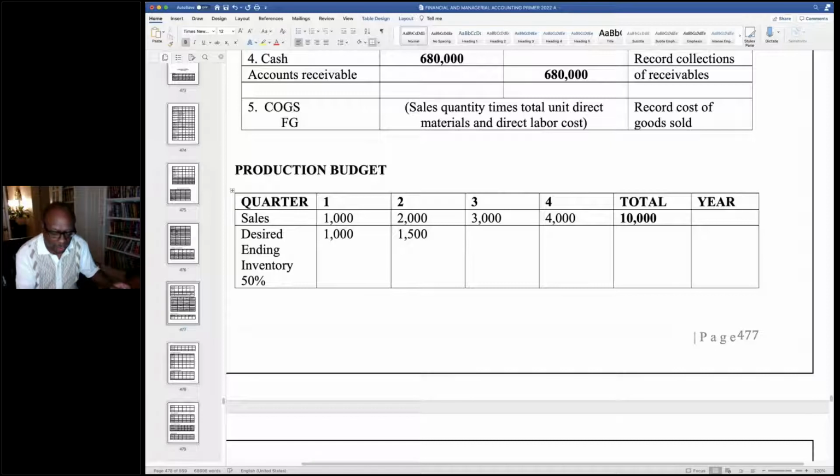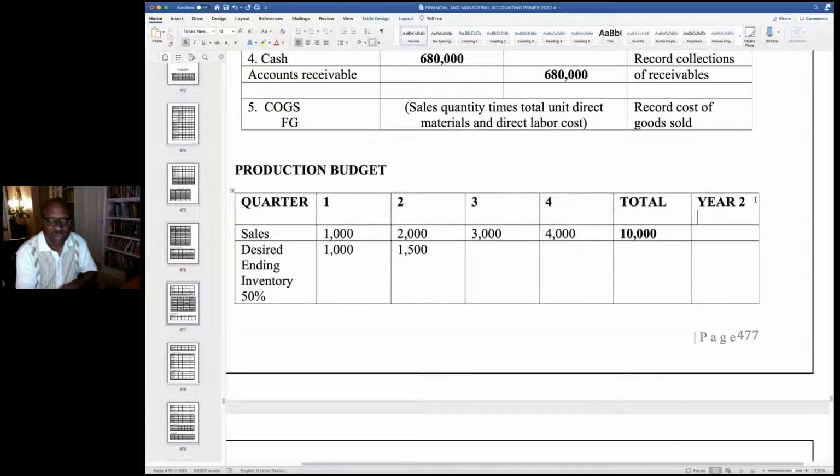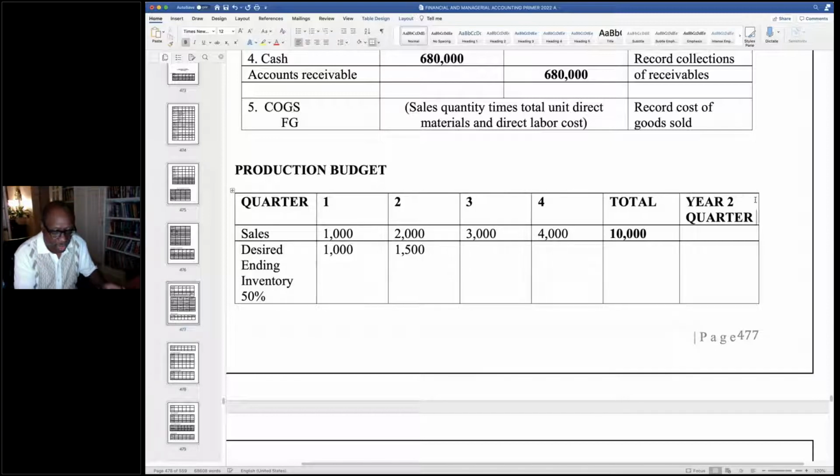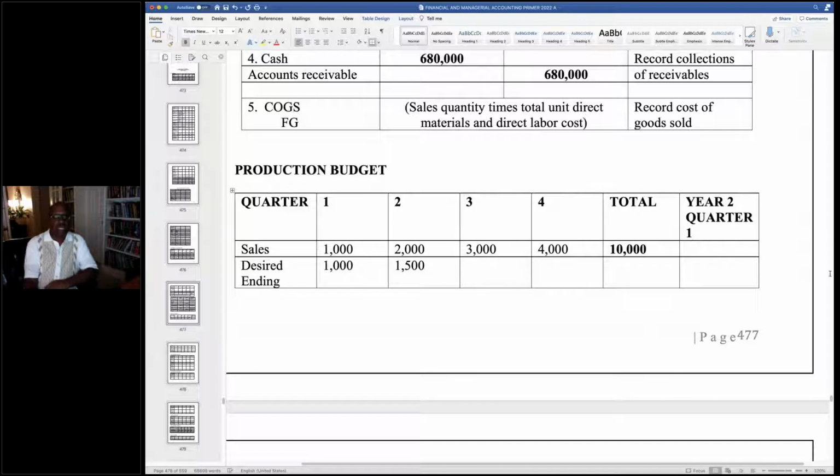How many years do you need me to do? You've got to have year 2, quarter 1. Year 2, quarter 1 is what you need. How are you going to get year 2, quarter 1?